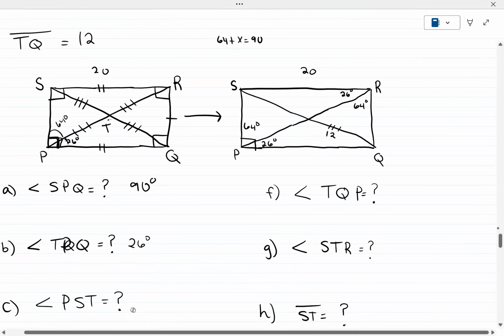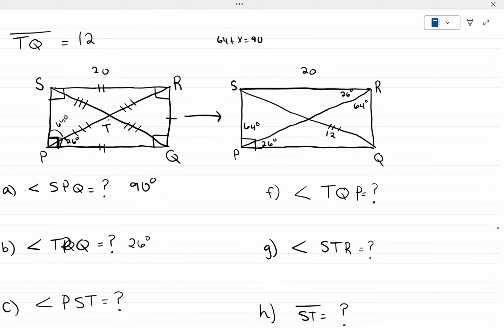Letter C. What is the angle of PST? Well, they're not asking for this entire angle. They just want PST, this small angle here. What do you think that angle is going to be?